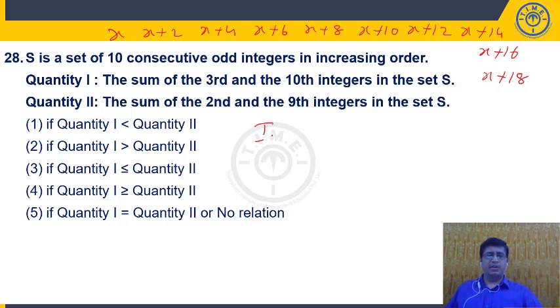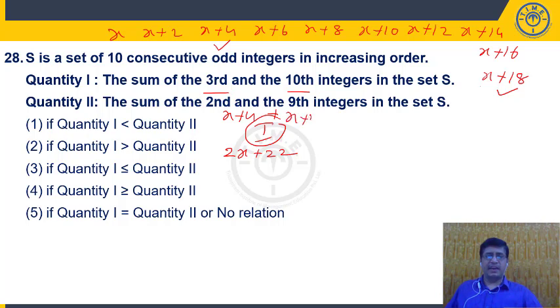Quantity 1: the sum of the third and the 10th integer in the set. The third integer means x plus 4 and the 10th integer means x plus 18. x plus 4 plus x plus 18 means 2x plus 22.